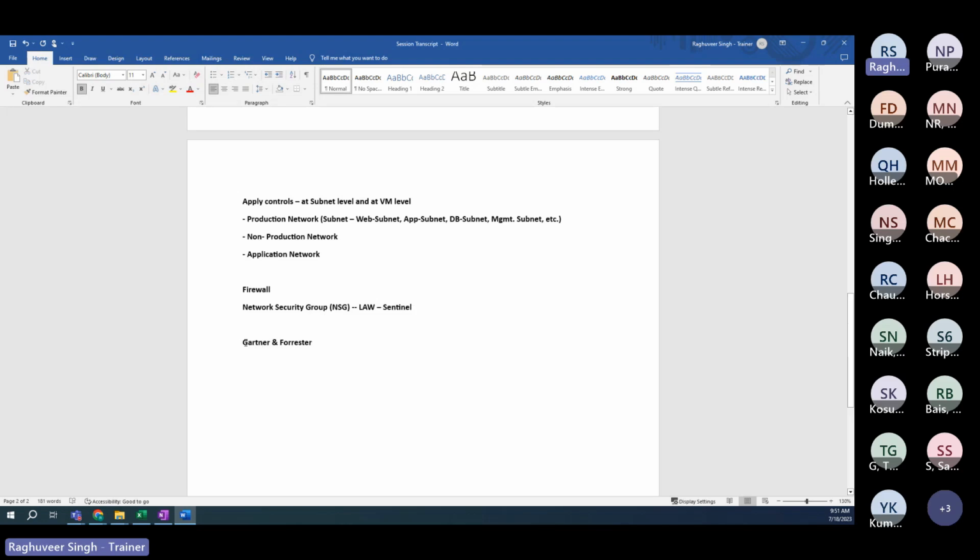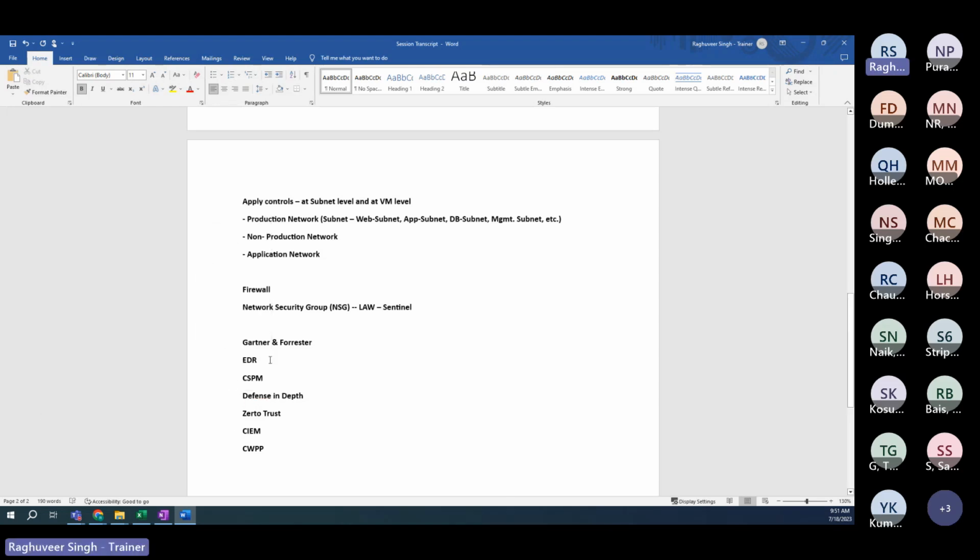So if Gartner comes up with a technology, say EDR, these are the terminologies that Gartner has introduced.